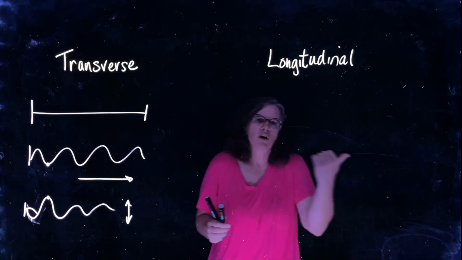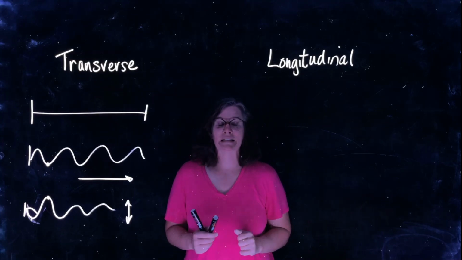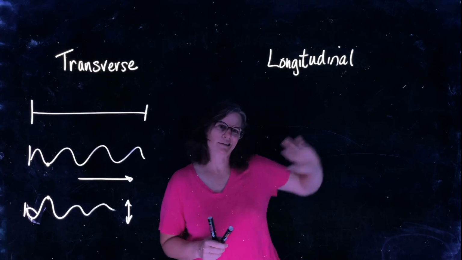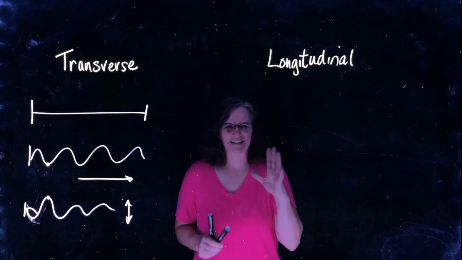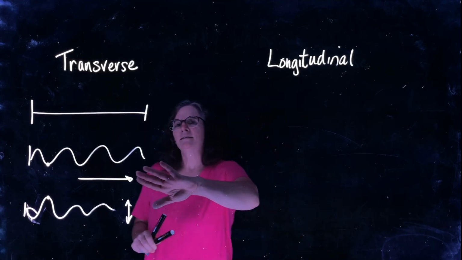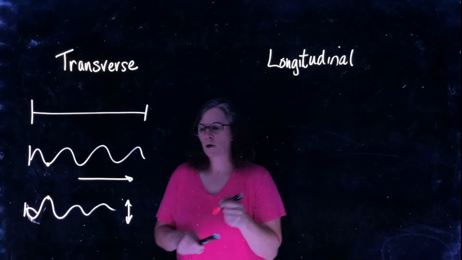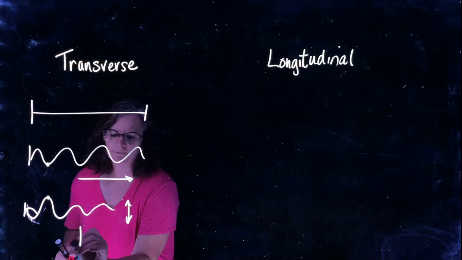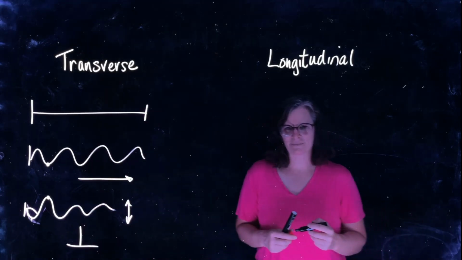So the wave is traveling along the medium while the medium itself is being displaced up and down. And once the wave passes by, that medium, remember, is no longer displaced. That's that definition that we talked about as a wave. So when the wave direction and the medium's motion are perpendicular to one another, we call this a transverse wave.